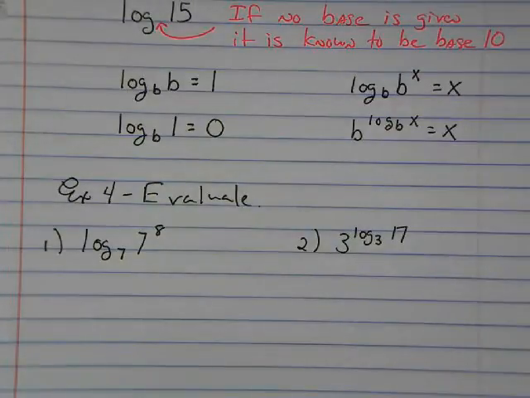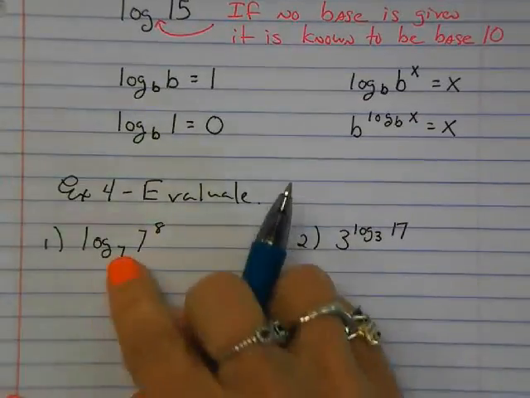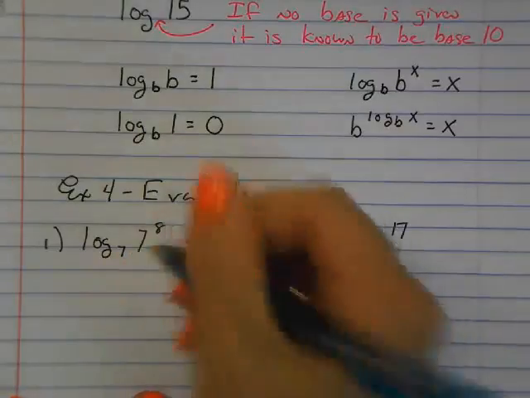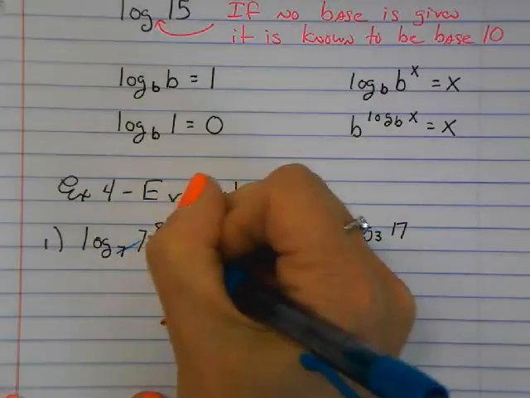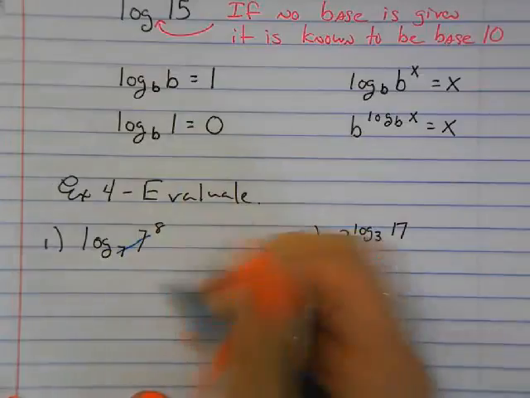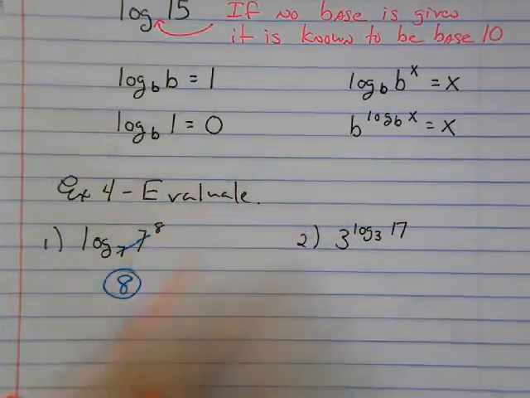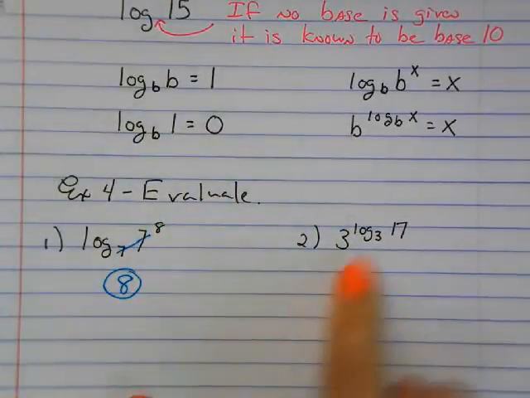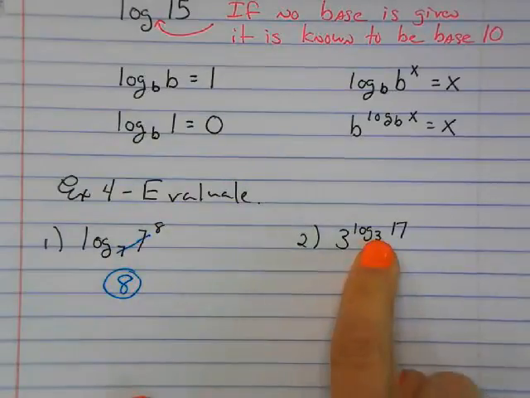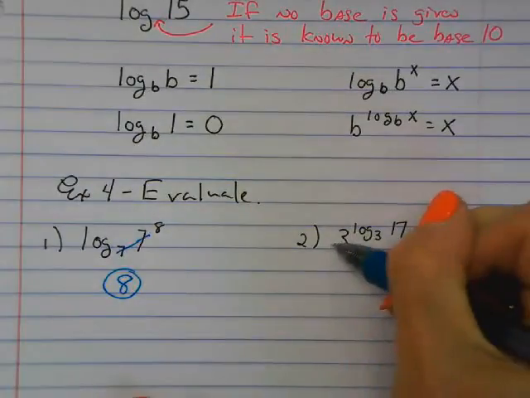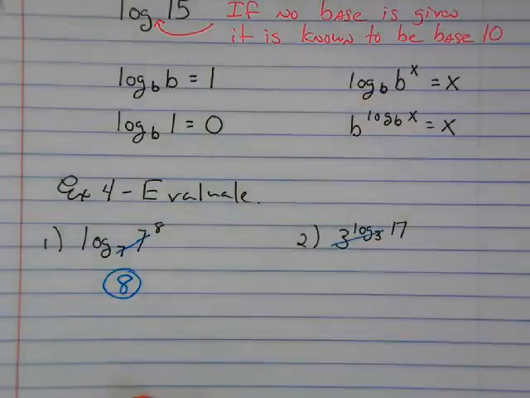Okay, so here, notice that the base and this are the same, so essentially, by our rules, they just cross out, and my answer is 8. And likewise here, 3 raised to the log of base 3, for all purposes for your concern right now, they cross out and you're left with 17. Alright, so far so good.